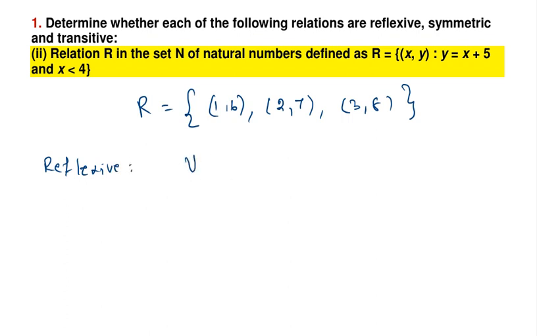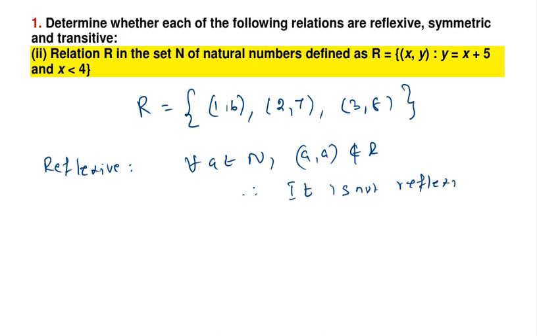Now is it reflexive? It is not reflexive. Why not reflexive? For any a of the set N, (a, a) does not belong to R. Conclusion: it is not reflexive. Clear?